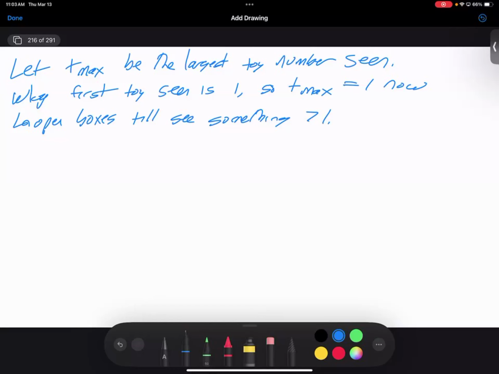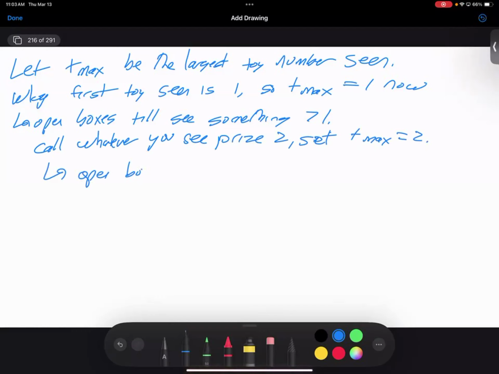The first new thing you see, let's just call that toy 2. Set T max equal to 2. Open boxes till you see something greater than 2.